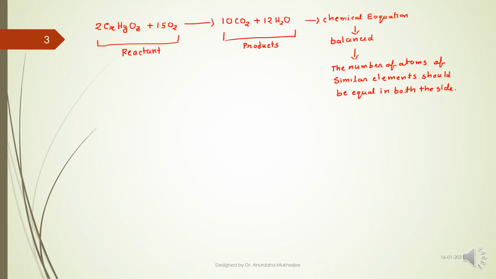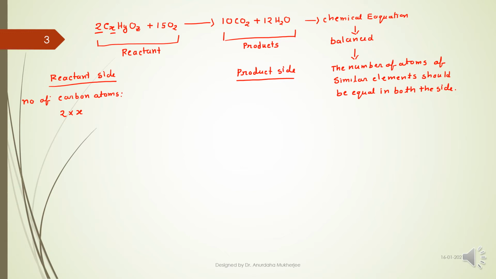So according to the balanced chemical equation, the number of atoms of similar elements should be equal in both sides. The number of carbon atoms in the reactant side is 2 into x, where 2 is the coefficient and x is the subscript.